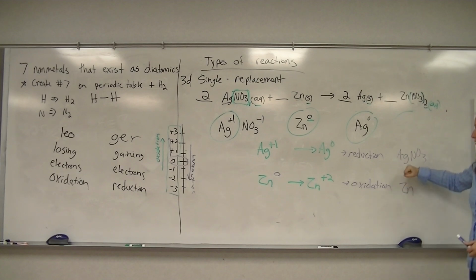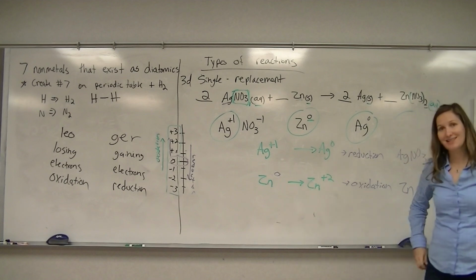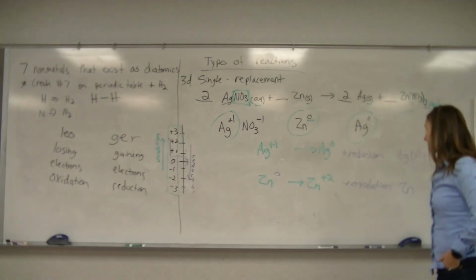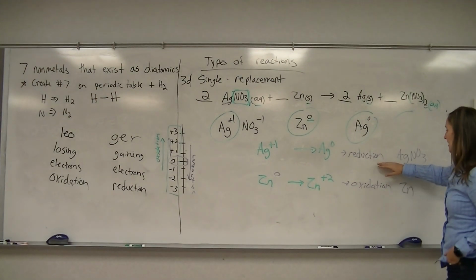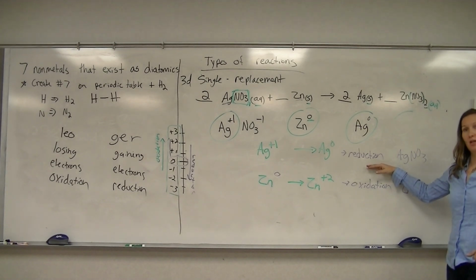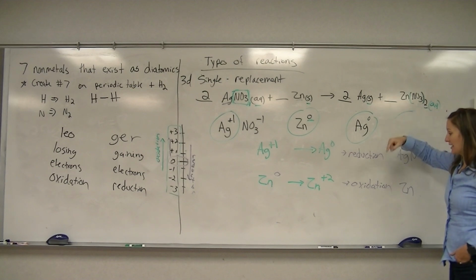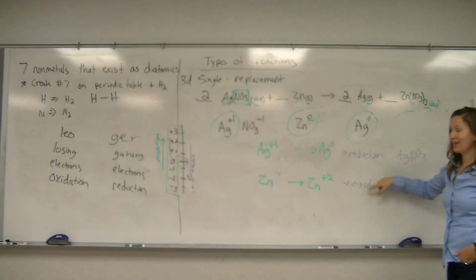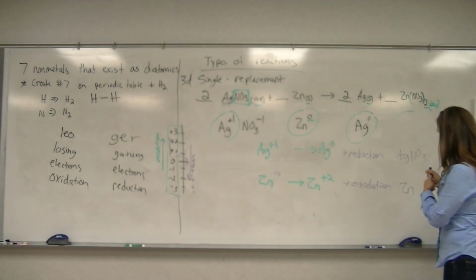So oxidized, reduced. Now, it also asks about oxidizing agent and reducing agent. To figure out oxidizing agent and reducing agent, it's the opposite. So silver nitrate was reduced. Since it was reduced, that means it oxidized zinc. So since it oxidized zinc, silver nitrate is the reducing or oxidizing agent, sorry.